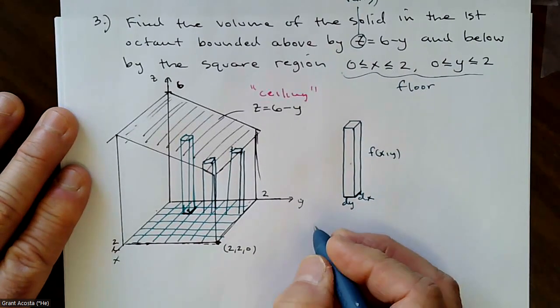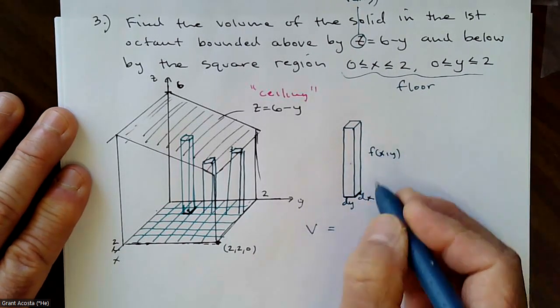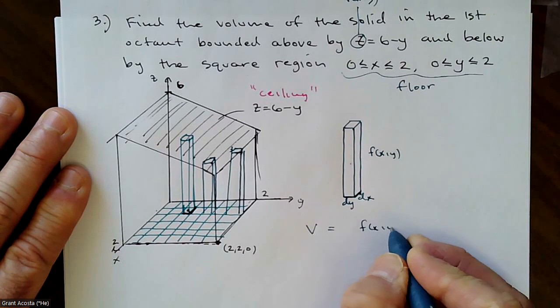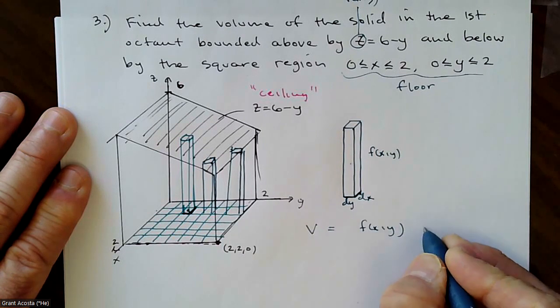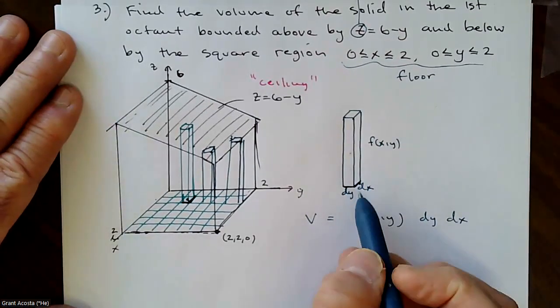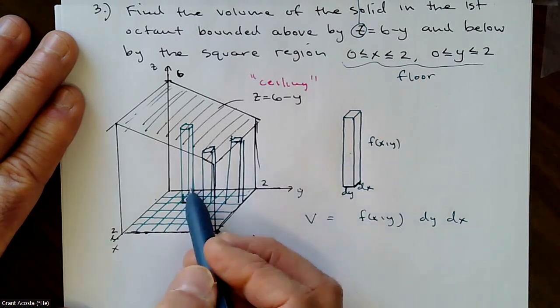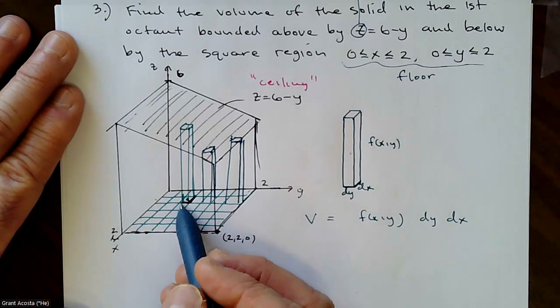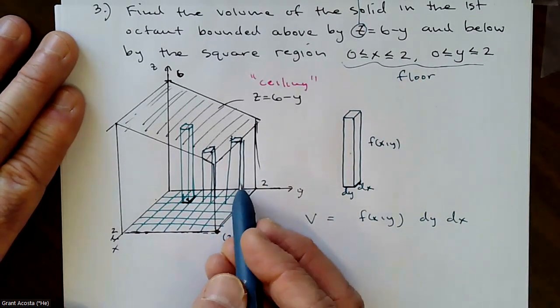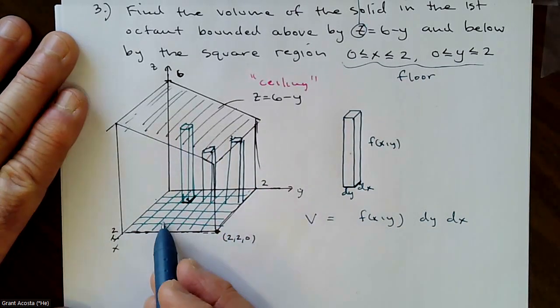So the volume of a column is length times width times height. We'll put the height first. It's f of xy dy dx. And just like we've seen with single integral calculus, if the integral is like an adding machine, if I integrate this, I can find the volume of all of these columns throughout this region.